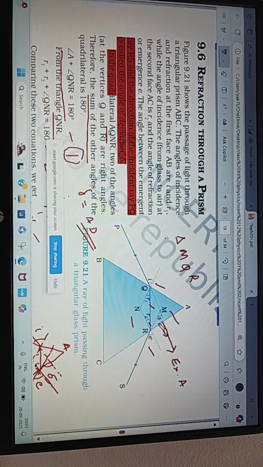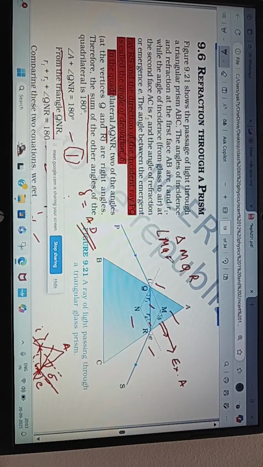In MQR, delta is the exterior angle. Which angles are the interior angles? Tell me quickly. Angle MQR, very good.